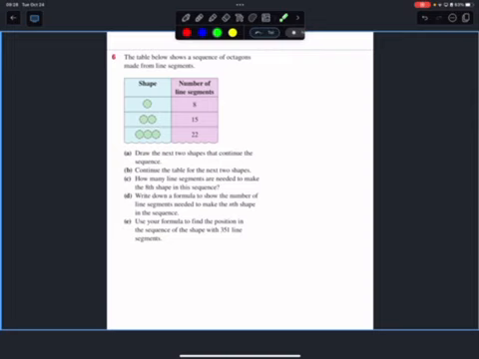So you have a shape, the number of line segments. So you start with 1, 2, 3, 4, 5, 6, 7, 8. I know that's the first one.